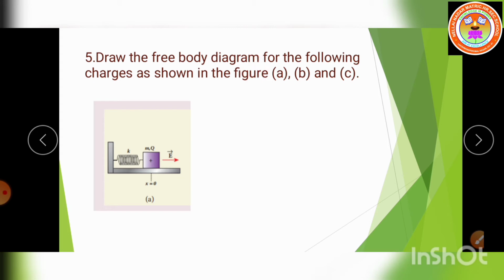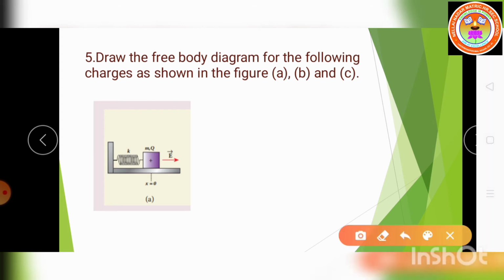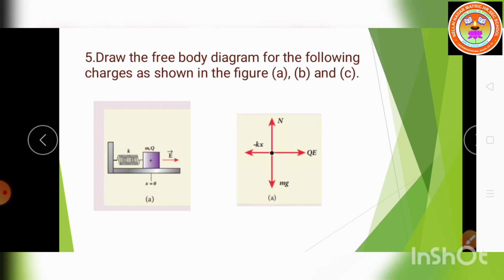So in the first diagram, I take the mass as a point mass. Next, what forces are acting here? The gravitational force acts in a downward direction and the normal force acts in an upward direction to balance. So for the point mass, I draw one arrow downward, that is the gravitational force, and to balance this I draw one normal force.